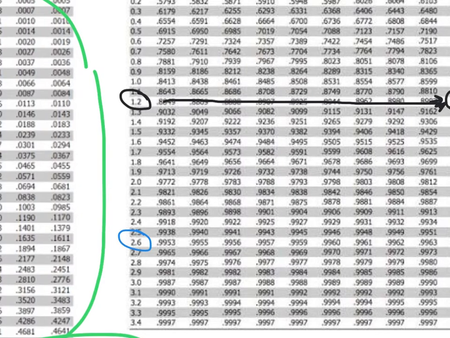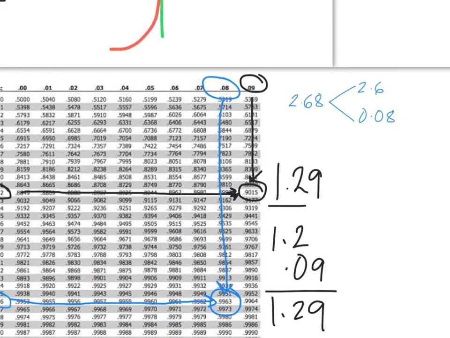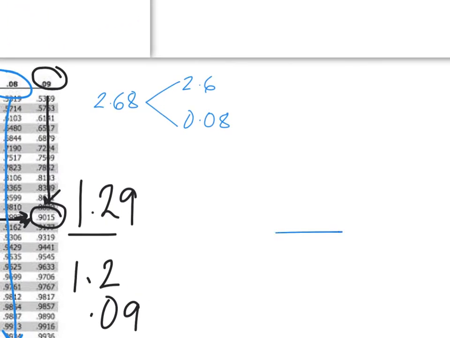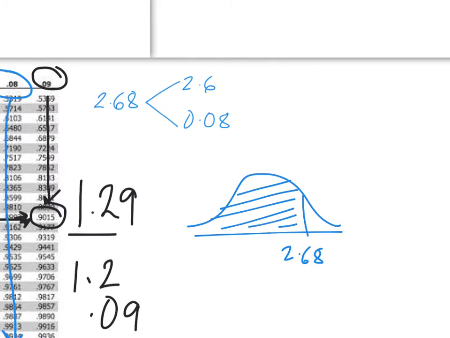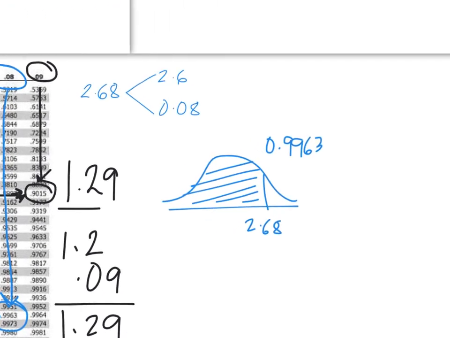And then the next number that we have to consider is 0.08. Find where the two values will take you by considering the intersection, and as you can see, it's 0.9963. That is the area to the left of 2.68. So if this is 2.68, this area is 0.9963. Okay, as we can see from the table.